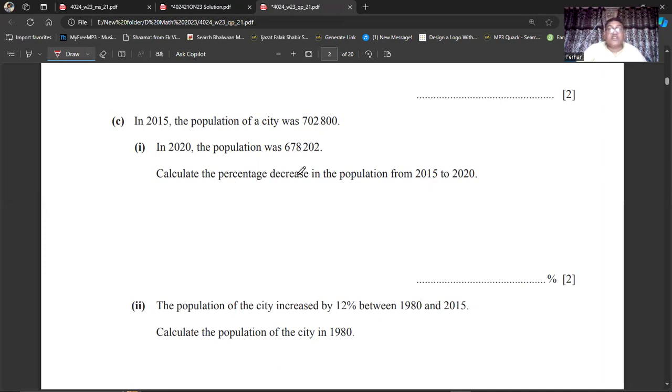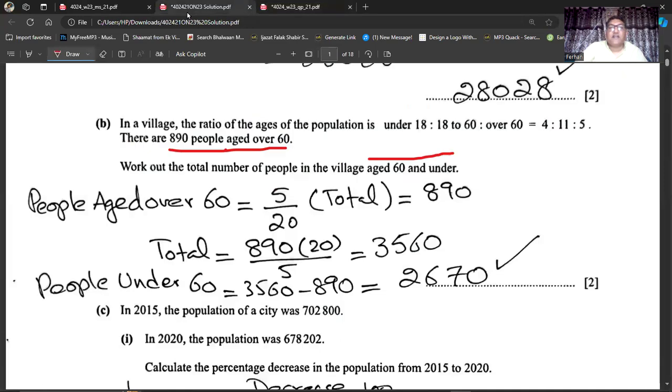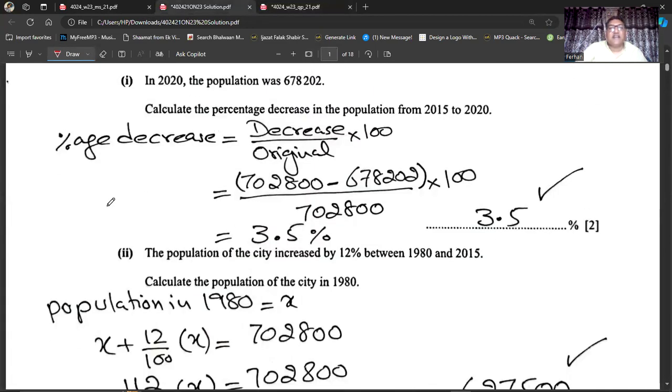Calculate the percentage decrease in the population from 2015 to 2020. The percentage decrease is decrease divided by the old value, or the original value, multiplied by 100. So we can calculate the decrease.